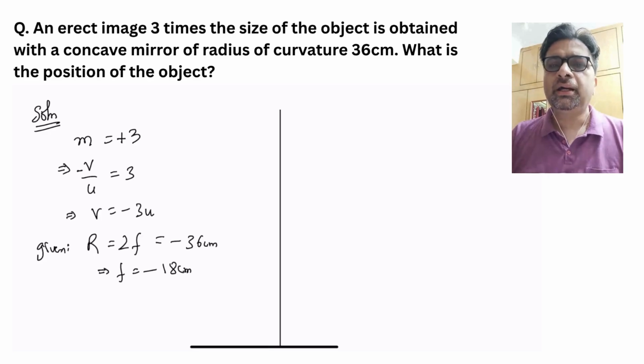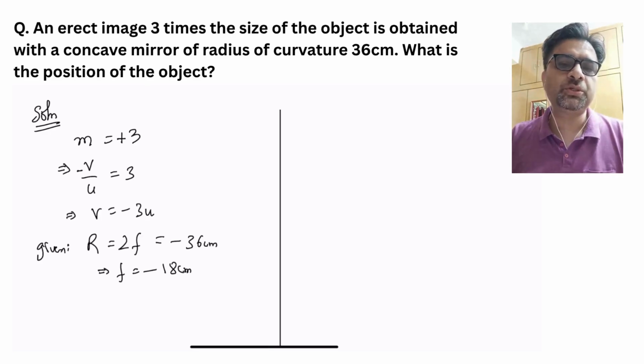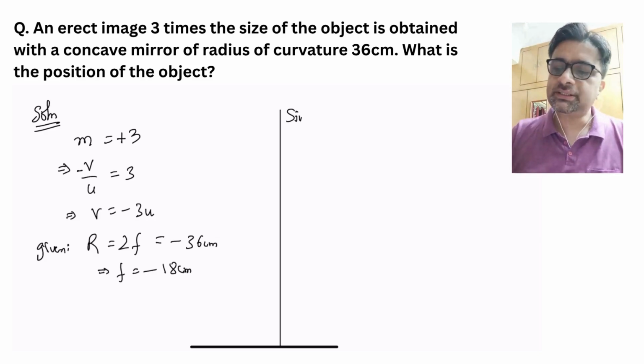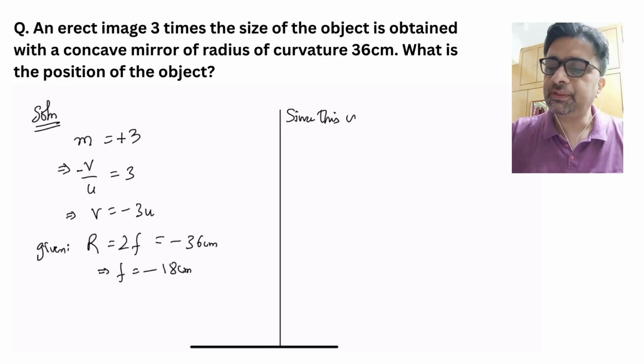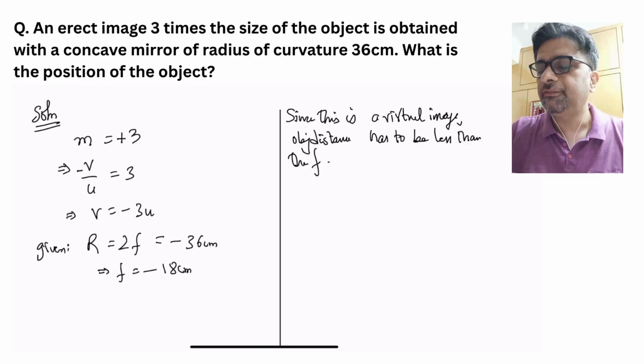Now a couple of observations or things that we will keep at the back of our mind before we solve further. Now this is a virtual image, and therefore the object distance has to be less than the focal length.